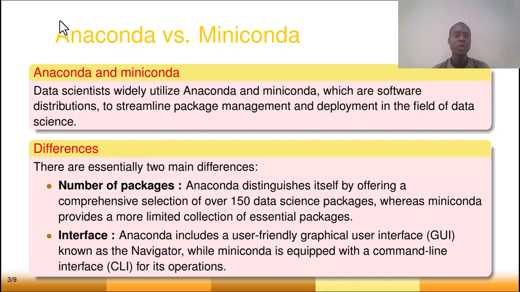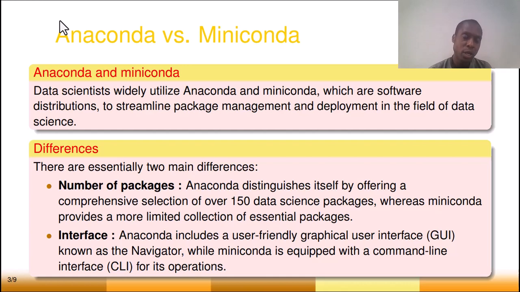The differences between Anaconda and Miniconda can be streamlined into two parts. Number one, in terms of the number of packages that are in them, and two, in terms of interface. When we talk about packages, once you finish installing Anaconda, over 150 packages of data science tools will be automatically installed alongside Anaconda.